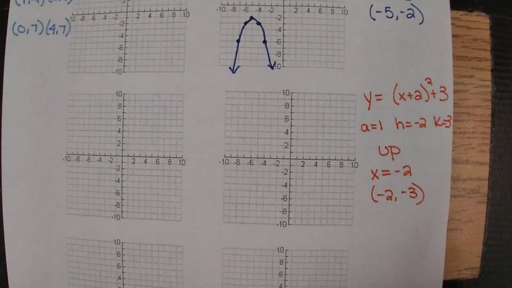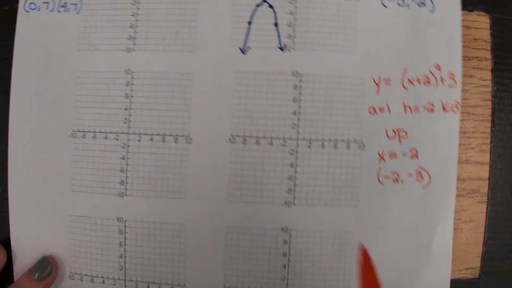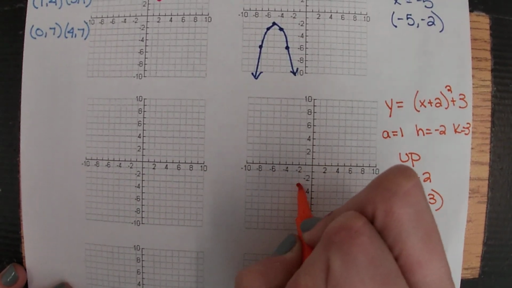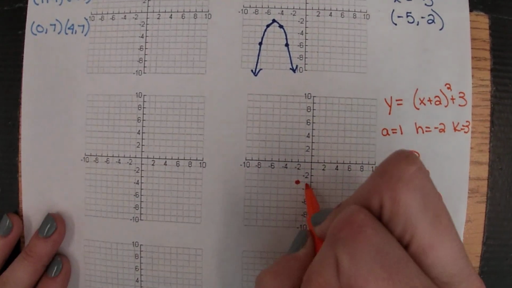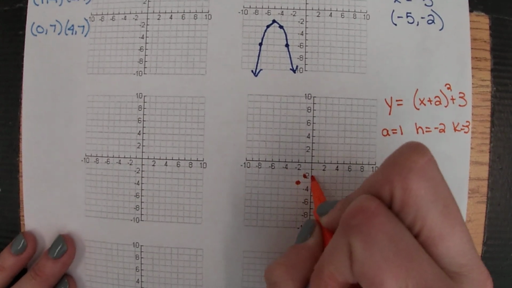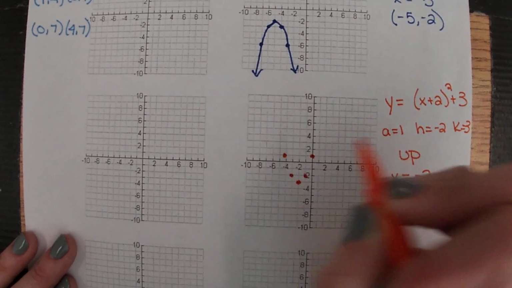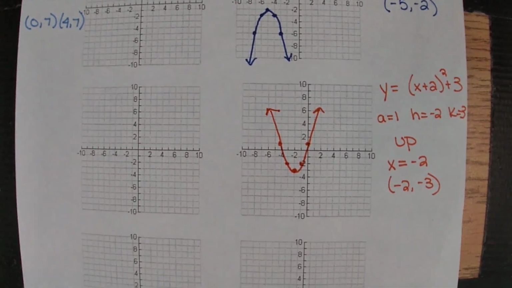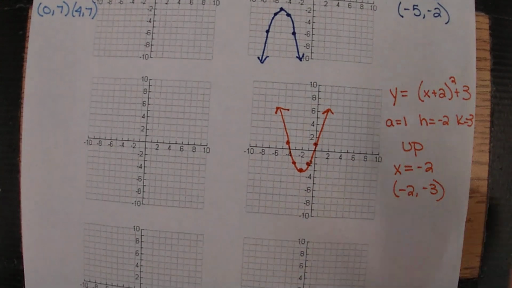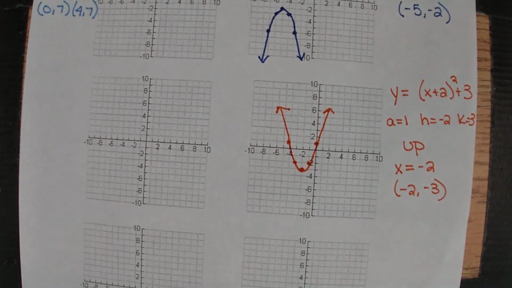And our vertex is (negative 2, 3). So I will plot the point (negative 2, 3). And this is opening up, so I'm going to go over 1, up 1, over 2, up 4. And then I'll do my other side. And there is my graph. Now again, if I needed a point and a symmetric point, I could pick either these 2 points and name them, or these 2 points and name them.